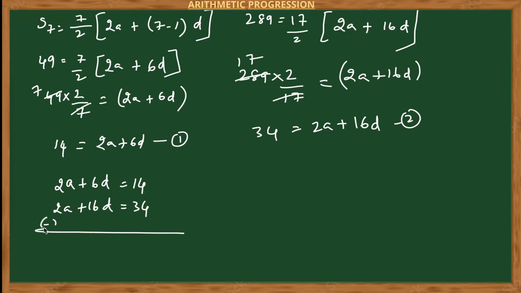Subtracting, 2a gets cancelled, this becomes minus 10d, and here minus 20. The minus signs cancel, 10 twos are 20. d is equal to 2.